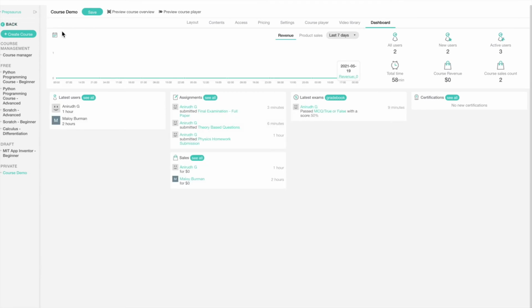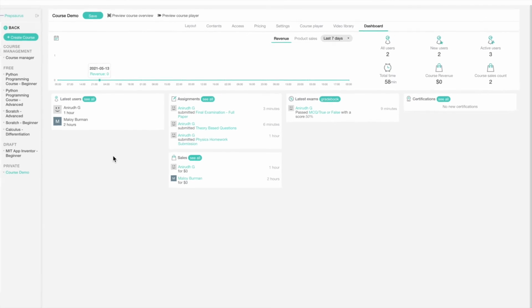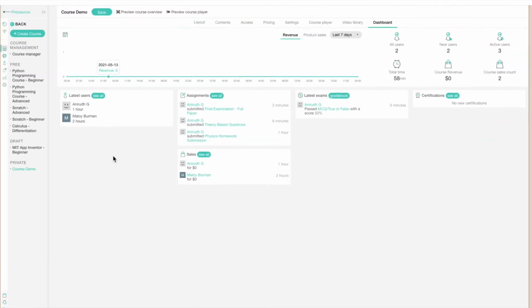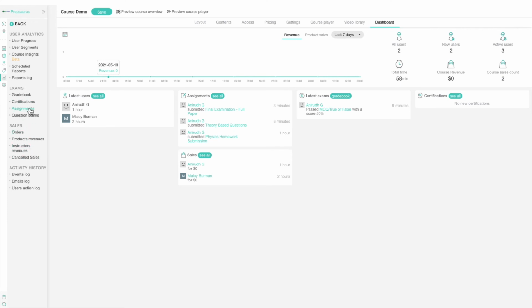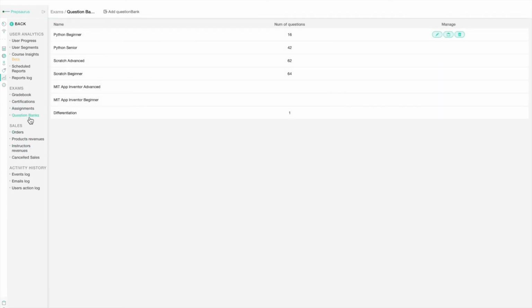Now, one of the features that this course has is the accessibility of question banks for the instructors.